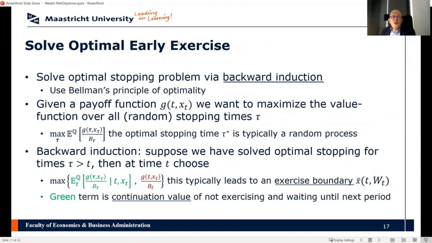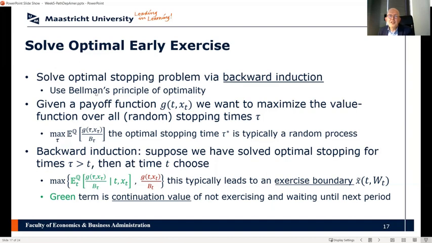So how do we solve these optimal early exercise or optimal stopping type of problems? For those of you who maybe did some OR courses, we know that we can solve these optimal stopping problems via so-called backward induction, and then we use Bellman's principle of optimality.